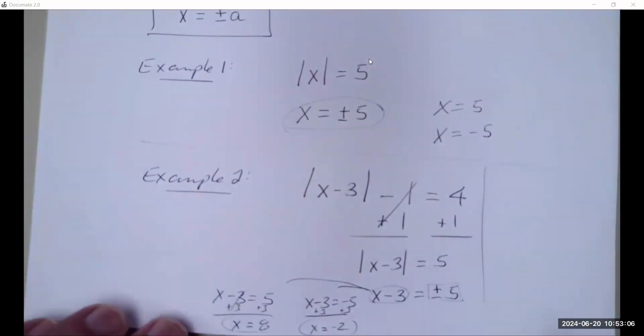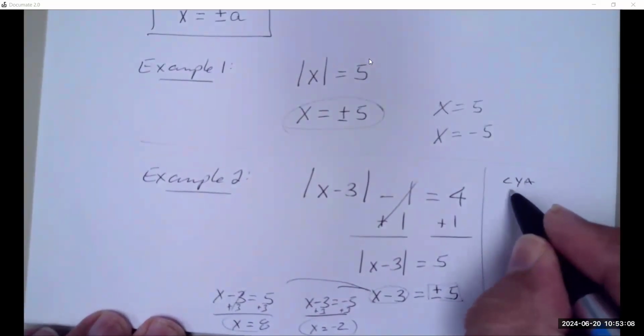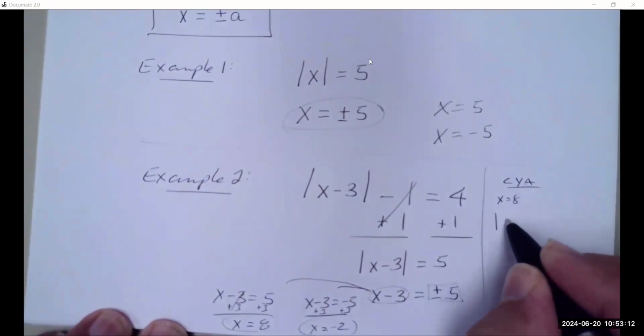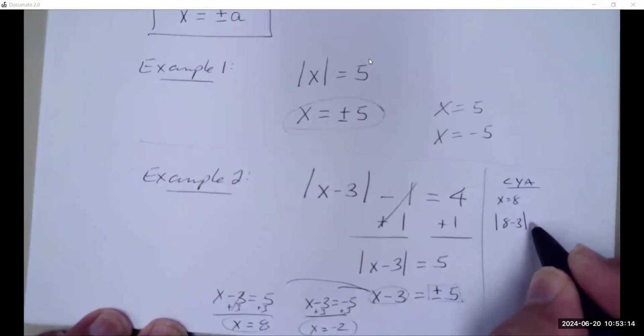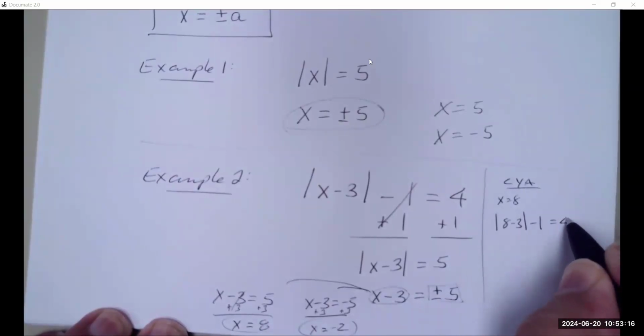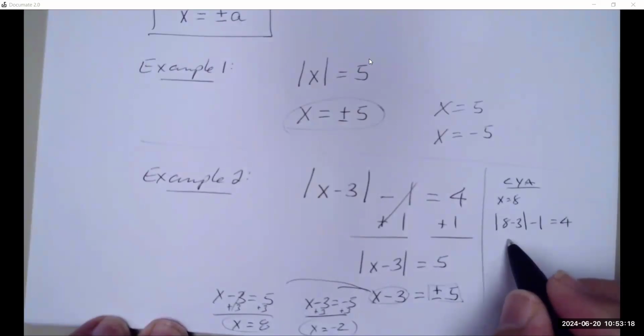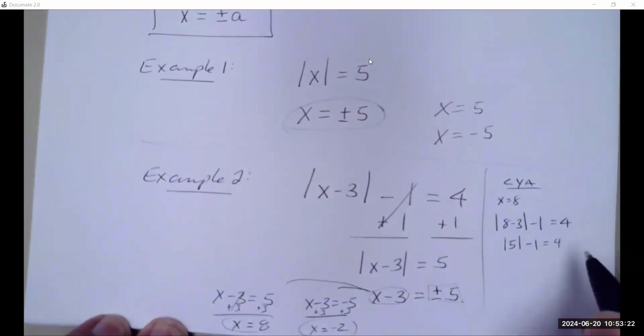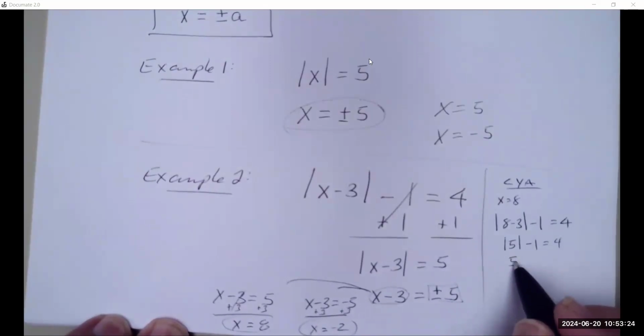And if we check our answer, we get the absolute value of 8 minus 3, minus 1. 8 minus 3 is 5. The absolute value of 5 is 5, minus 1 is 4.